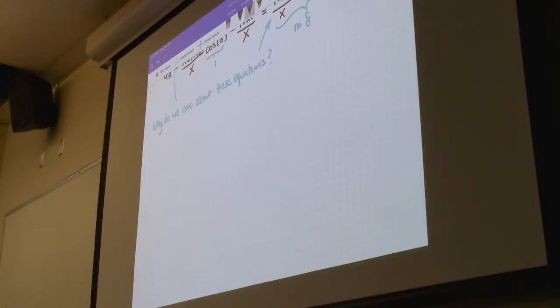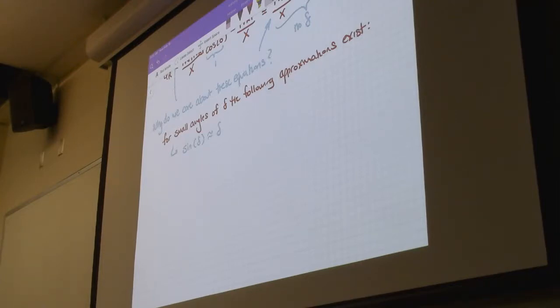So for small angles of delta, the first one is sine of delta is approximately equal, like you said, to delta.